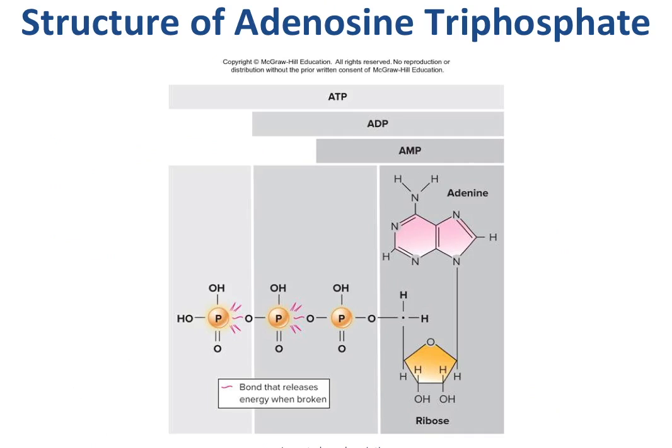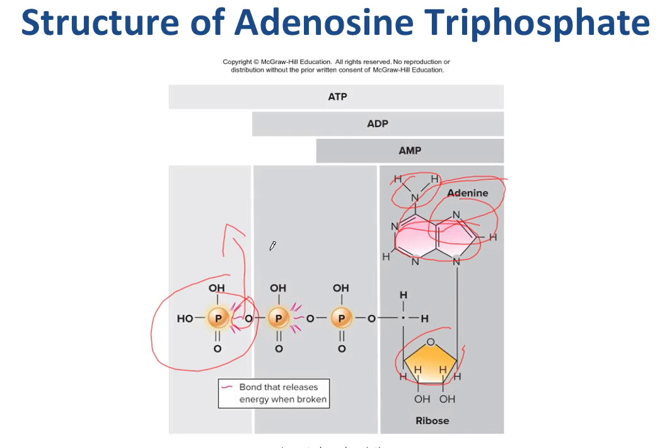As we can see in this image, this is adenine, a nitrogen base, and this is ribose. The three phosphate groups are linked with the ribose. The terminal one can be either released or conjugated, so the energy can be released. The third phosphate bond can release energy.